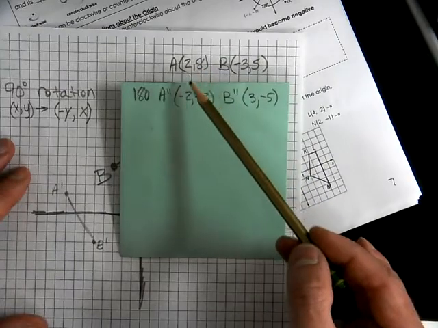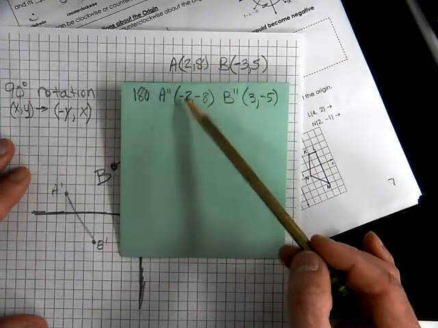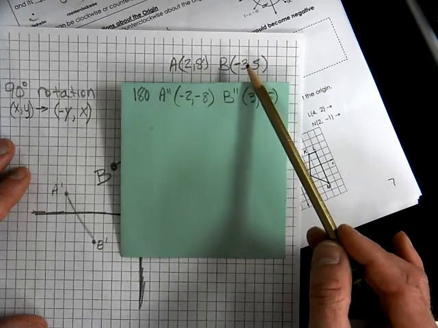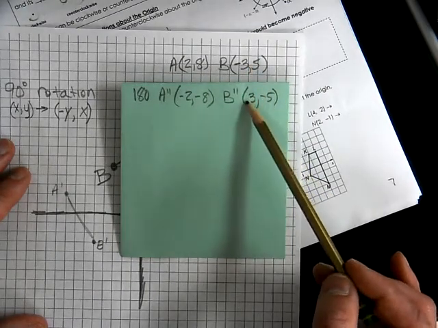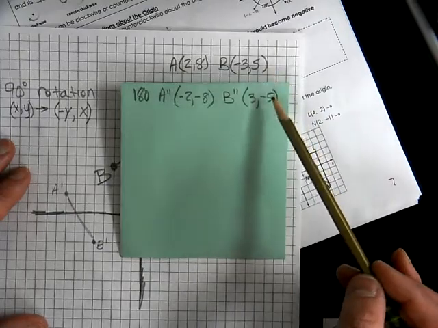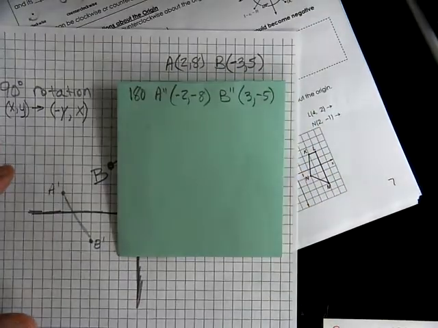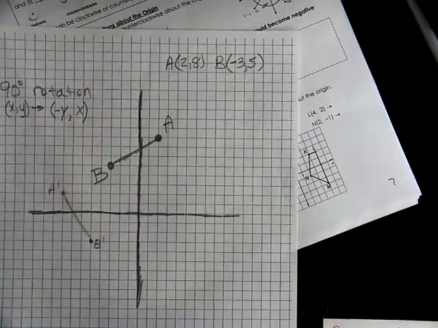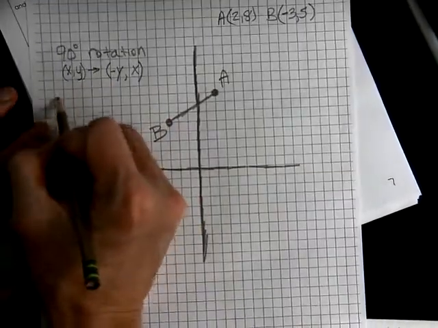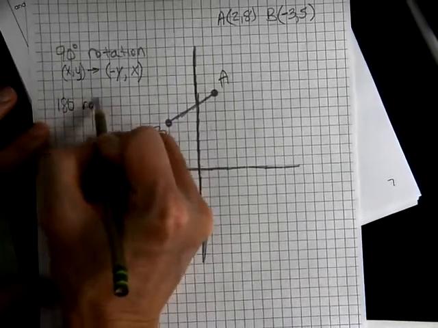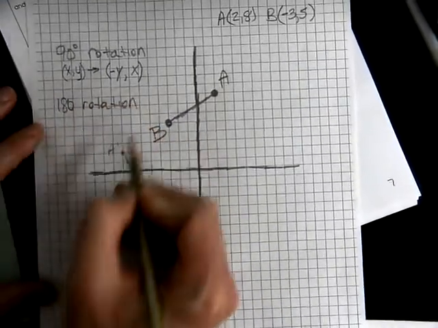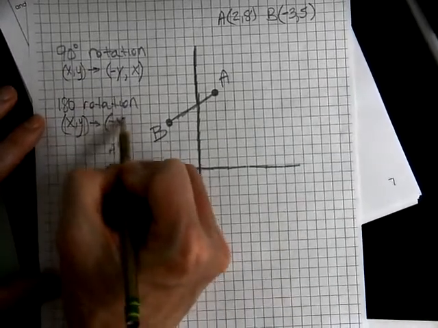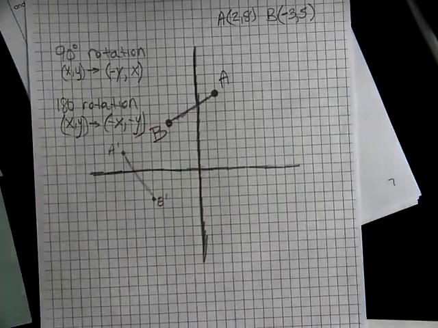The +2 became a -2, +8 became a -8. Notice here the -3 became a +3, and the +5 became a -5. You just change the signs. That is a 180-degree rotation. So for a 180-degree rotation, (x, y) becomes (-x, -y).